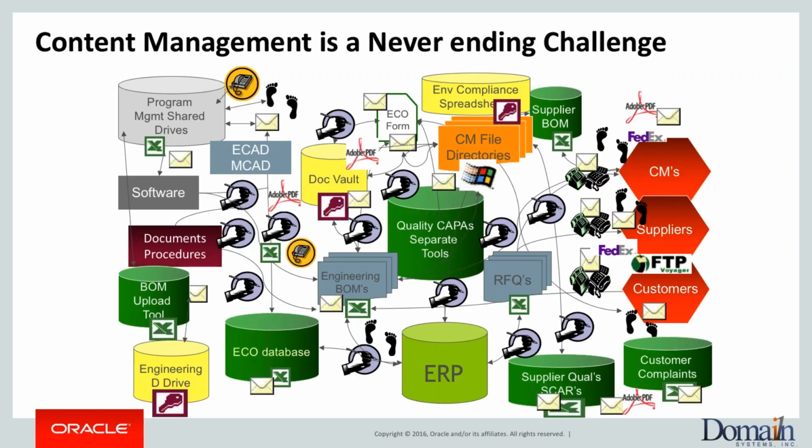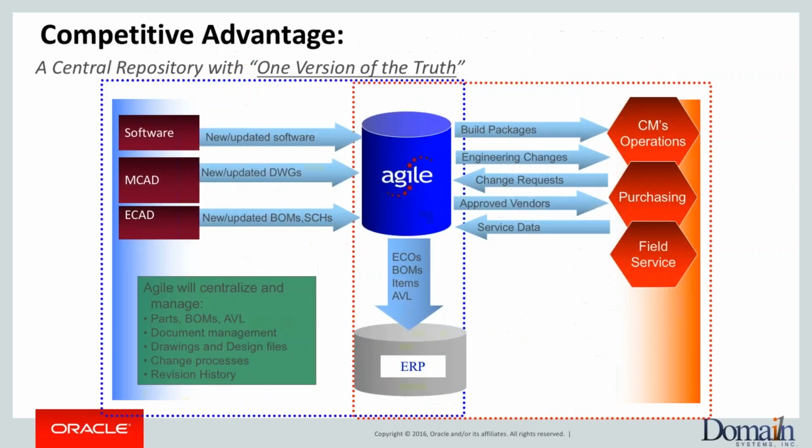You've got content relative to your products all over the place. And in comes the Oracle Agile salesperson with a nice, slick-looking presentation indicating that you get a competitive advantage with one version of truth as a repository.